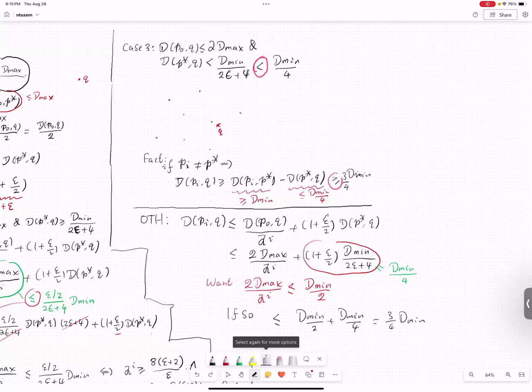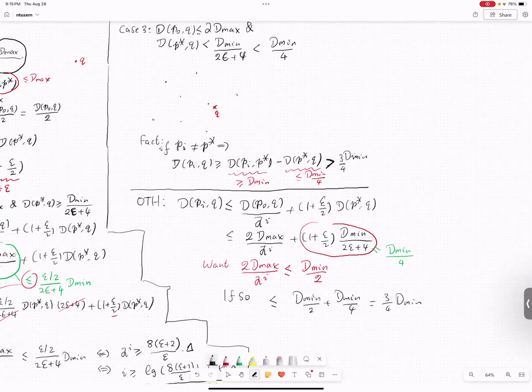So I should have put, and this is important, that this is strictly larger than 3 over 4. Okay, I just corrected myself.